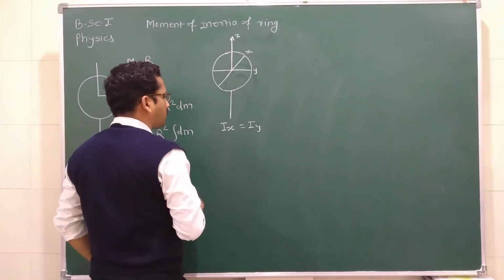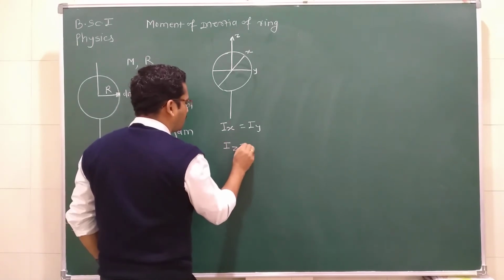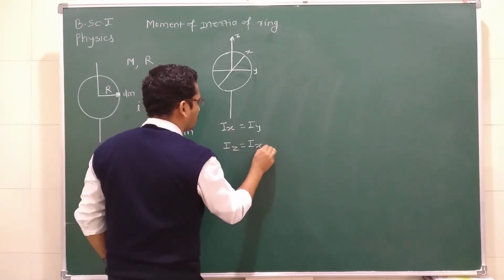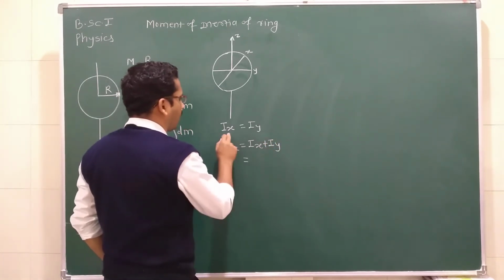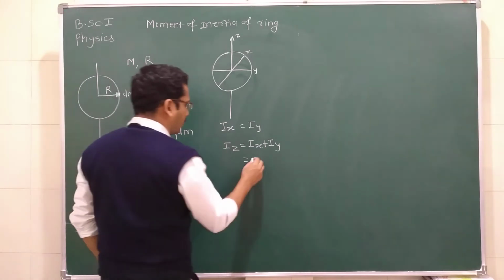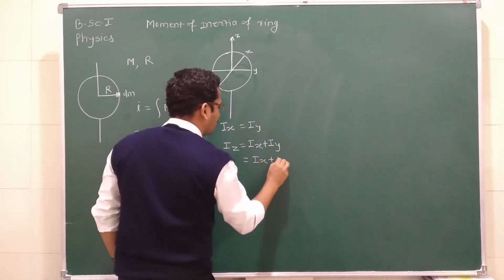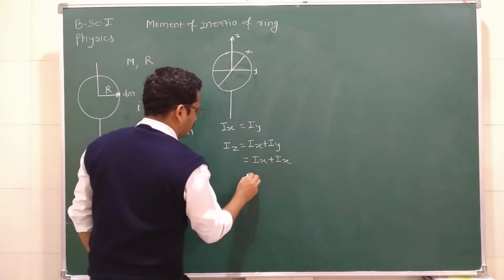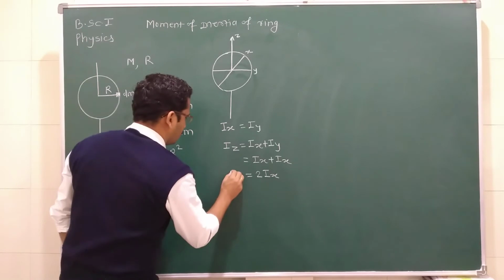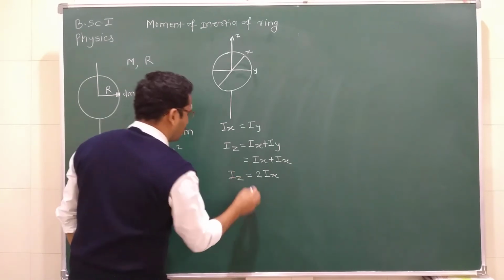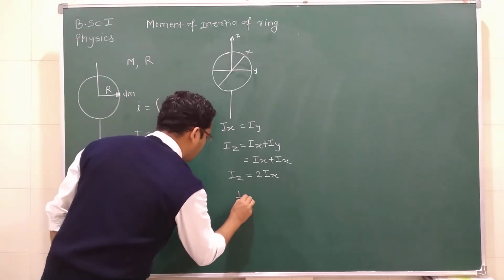So Iz is equal to Ix plus Iy. But we also know Ix and Iy are both the same, so we can write Ix plus again Ix, which is equal to 2 multiplied by Ix. So this is the moment of inertia about the z axis. Therefore, what is the moment of inertia?